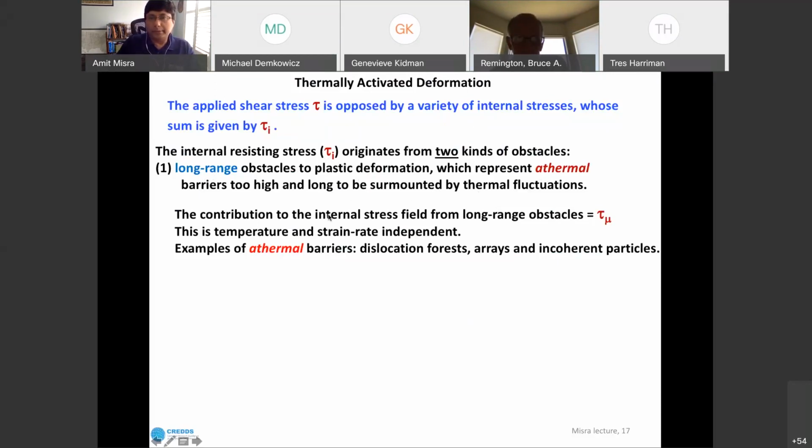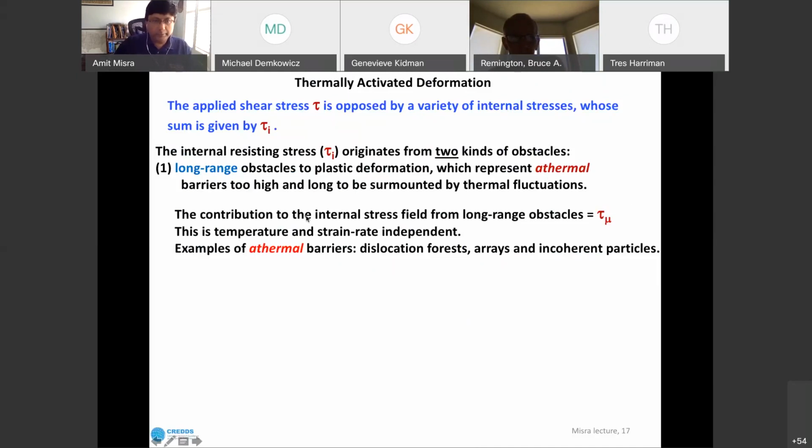And let's designate that as tau sub mu, and realize that this contribution to the flow stress is temperature and strain rate independent. Some of the examples will be dislocation arrays and pileups and alignment into sub-boundaries, etc. that form, or dispersoids or non-coherent particles. These have high enough barriers over longer length scales that cannot be overcome by thermal fluctuation.